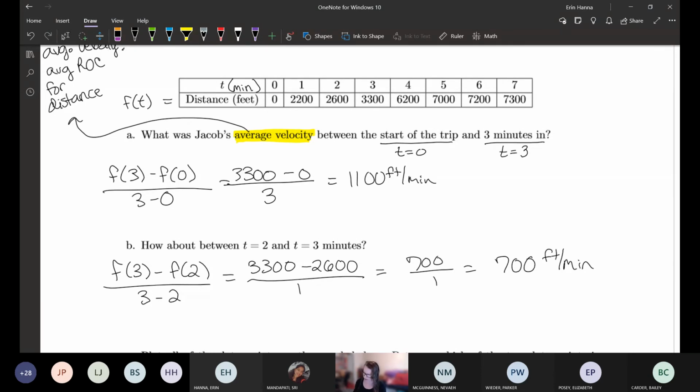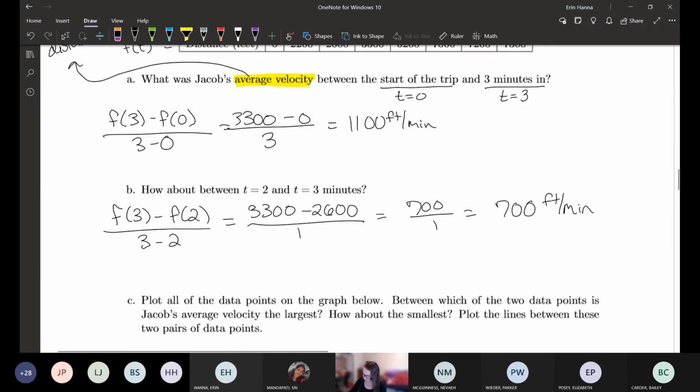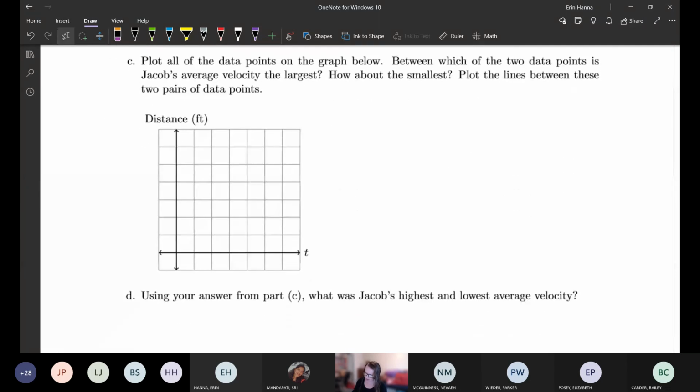All right, so we're going to want to graph these next. So the setup I'm going to use is I'm going to make the T lines go up by 1. And I'm going to make these vertical lines go up by 1,000.